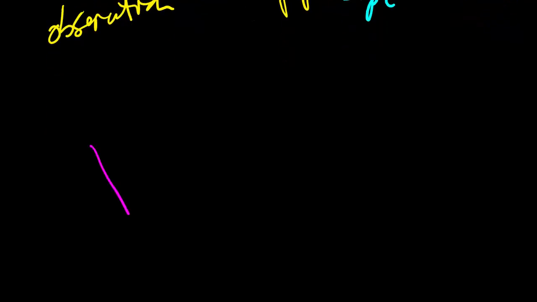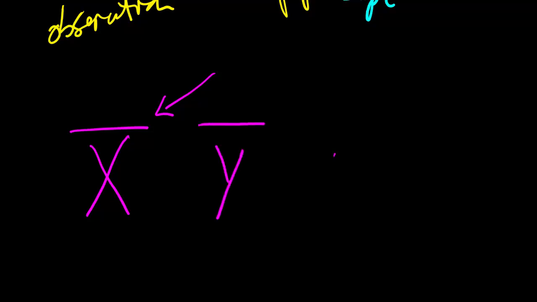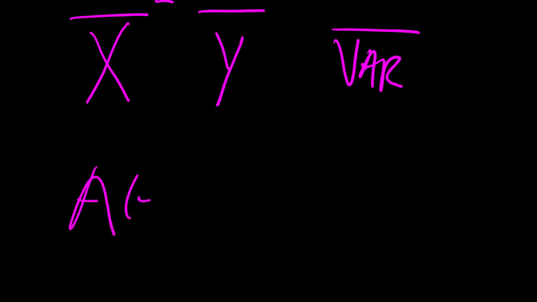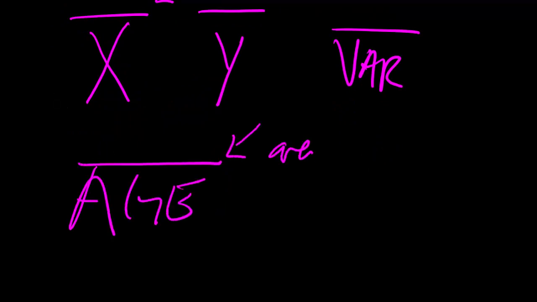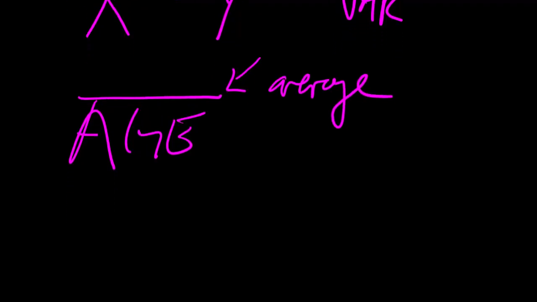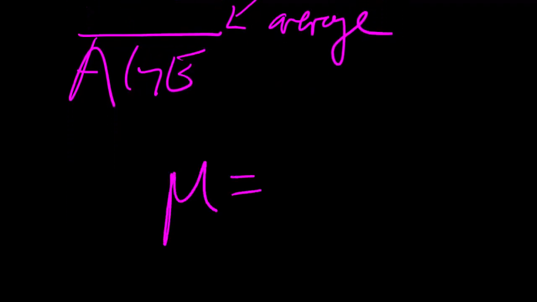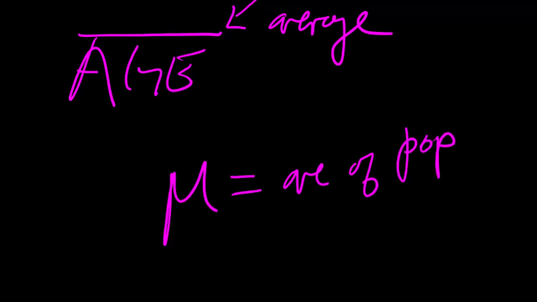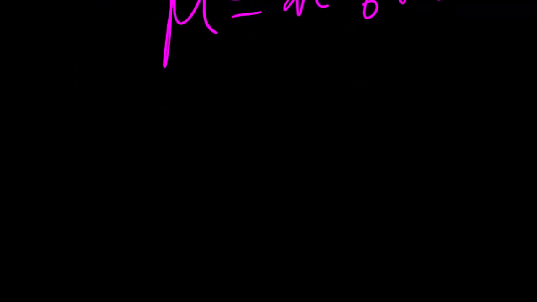To that end, when I say x bar, or more to the point, any variable, right? Y bar, variable bar, age with a bar on top. The bar on top means the average, not to be confused with mu, which is specifically the average of the population. Okay?